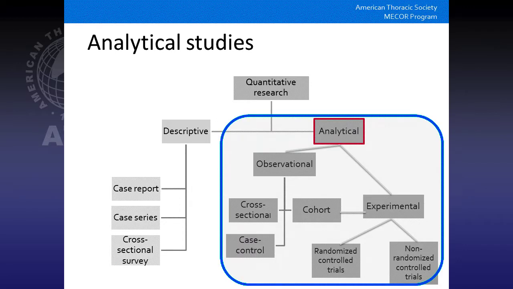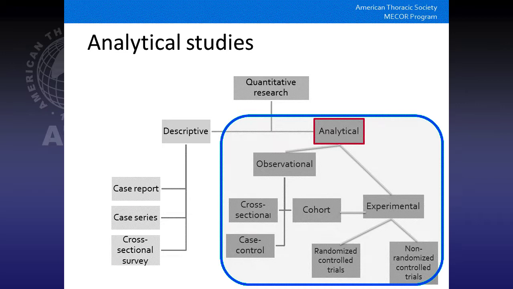And this may look a little bit confusing, but I urge you to think primarily about those three on the bottom left, that is cross-sectional, cohort, and case control. Those are the main three study designs that we deal with. Now, off to the right of cohort, we see an experimental study, and we will talk about that, but in truth, that is kind of a cousin of the cohort study.